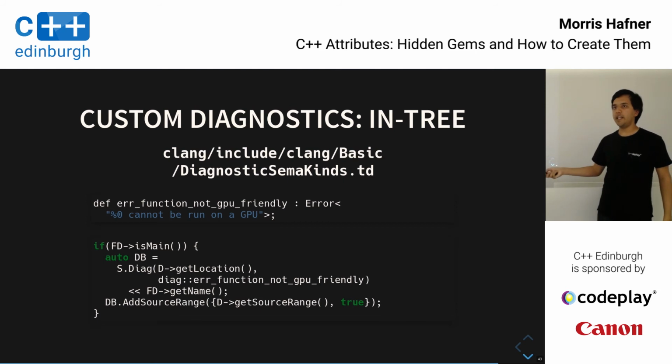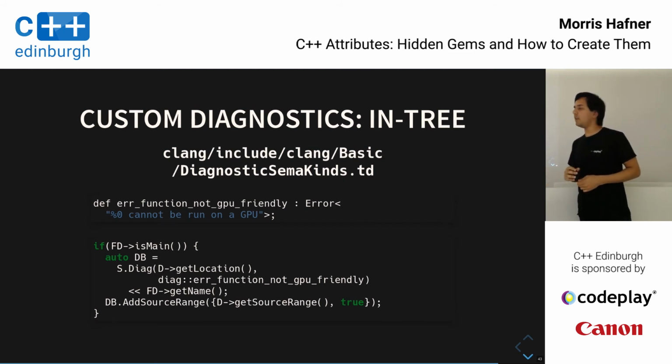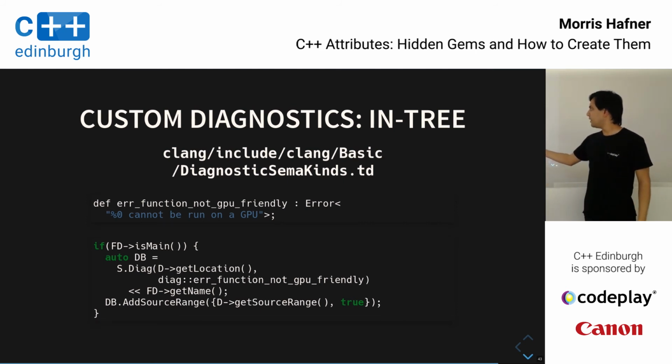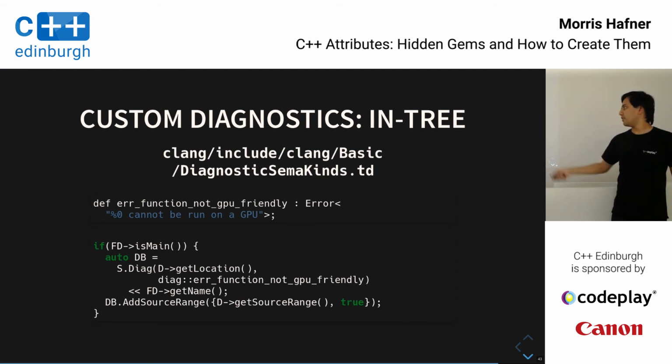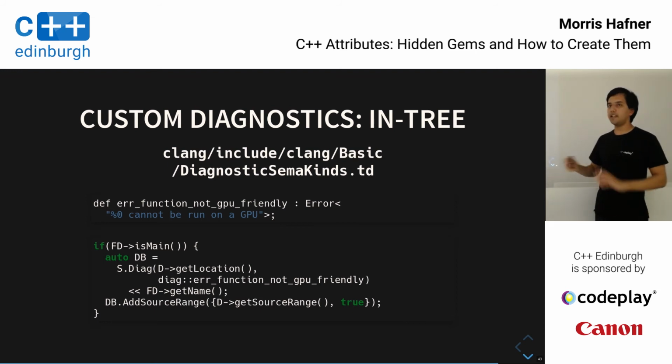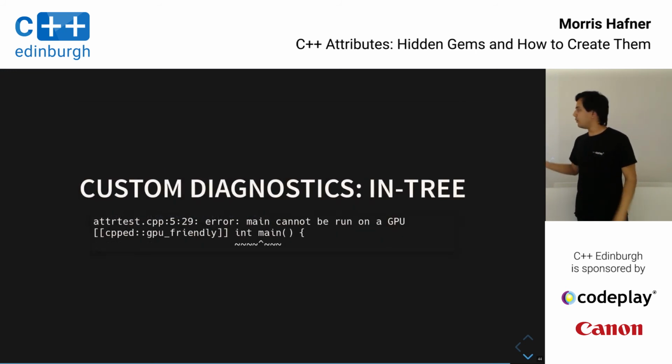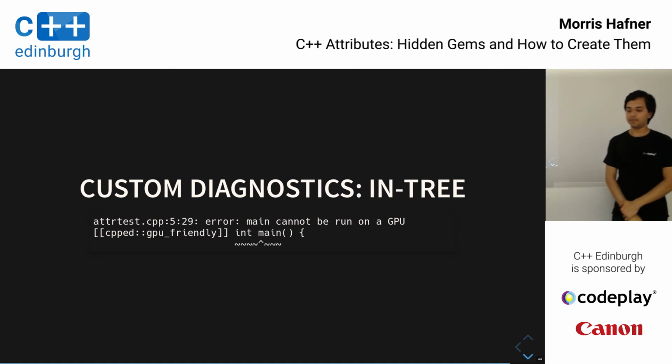And then we slightly change the handling in CMA and say, I want to print out a diagnostic with this diagnostic I just defined in the TableGen file. I pipe in the name because it's parameterized now, and let's add the source range, so the entire range of my function. So it would also generate this small range around my function declaration.